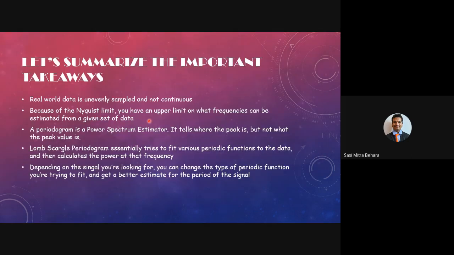Before going forward, let's summarize some important takeaways. Real world data is unevenly sampled, it's not continuous. Second, because of the Nyquist limit, you have an upper limit on what frequencies can be estimated from a given set of data. Third, a periodogram is a power spectrum estimator.